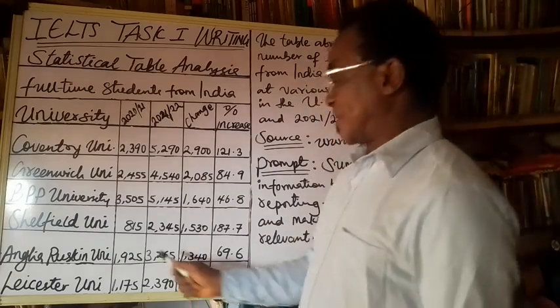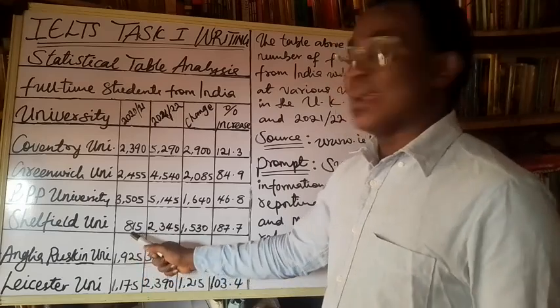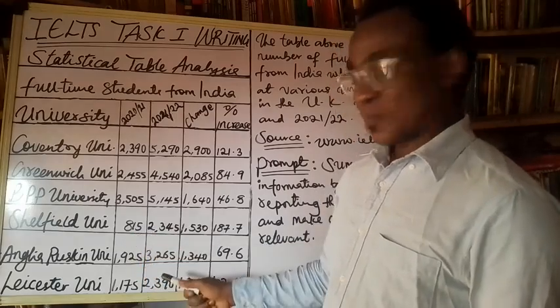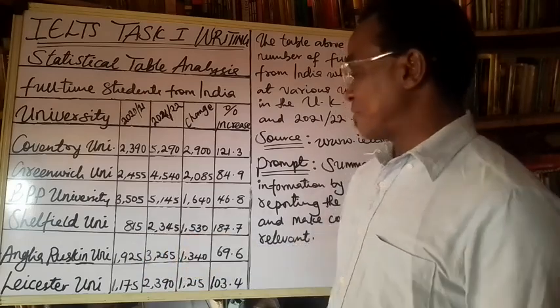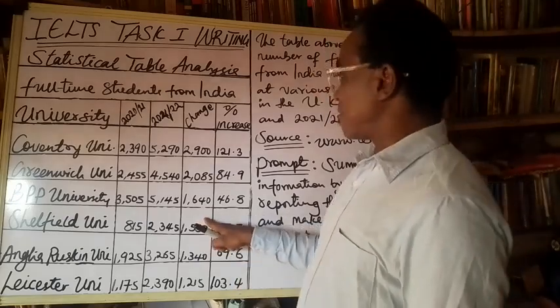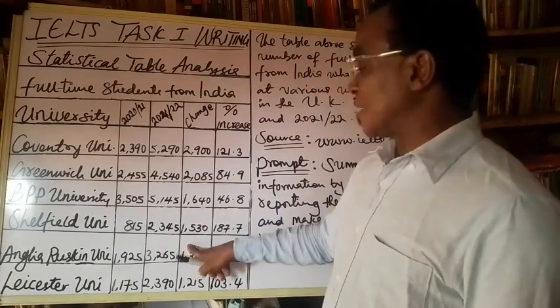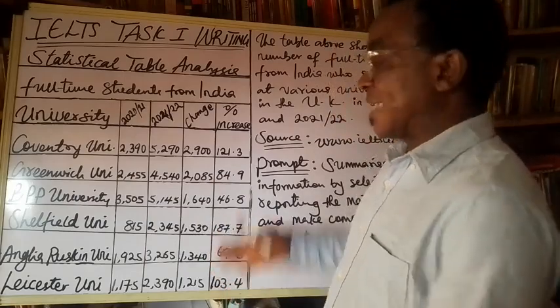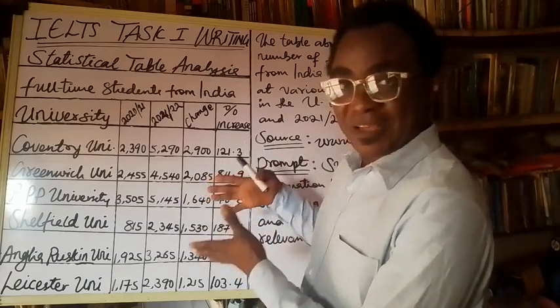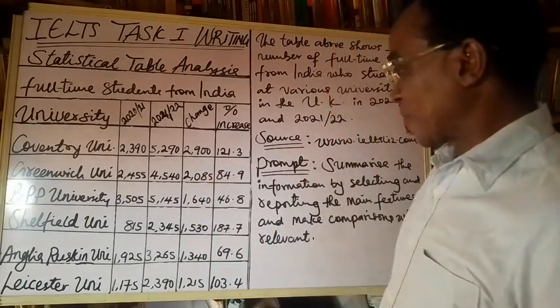It was an increase, a jump from a mere 815 to 2,345. An increase of, or a change of 1,530. That is the highest in the period we are studying.